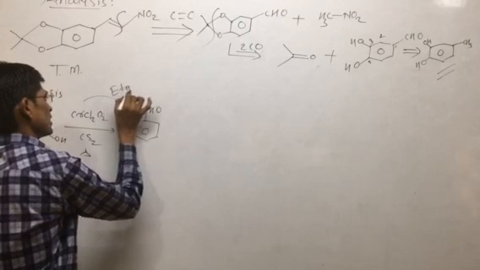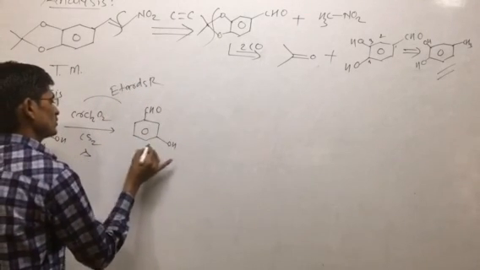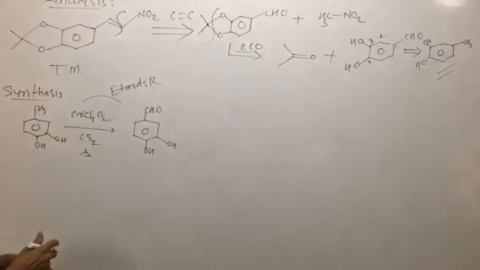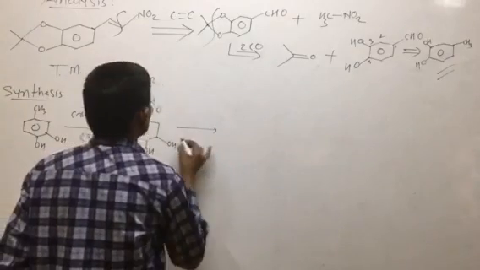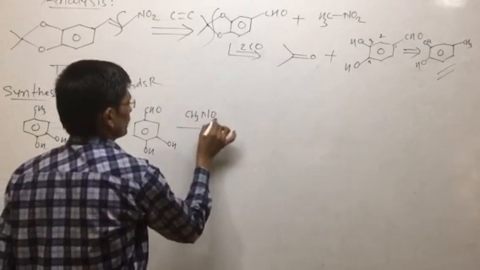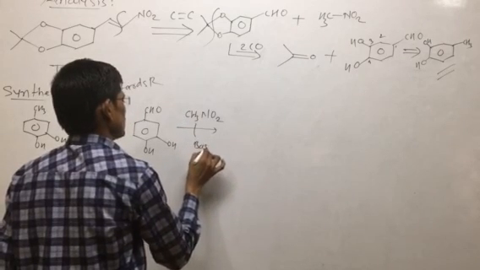It is known as the Étard reaction. The hydroxy groups remain as they are. Then it is reacted with CH3NO2 under basic conditions, sodium methoxide.